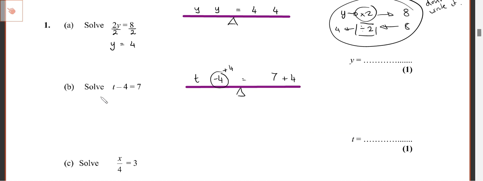So here it would be like doing t minus 4 plus 4 is equal to 7 plus 4. So that would leave me with t equals 11. So you can see where I say think it, don't write it. I'm thinking t and I subtract 4, I get 7. So the inverse of subtracting 4 is adding 4. Yeah, so we're still doing that.